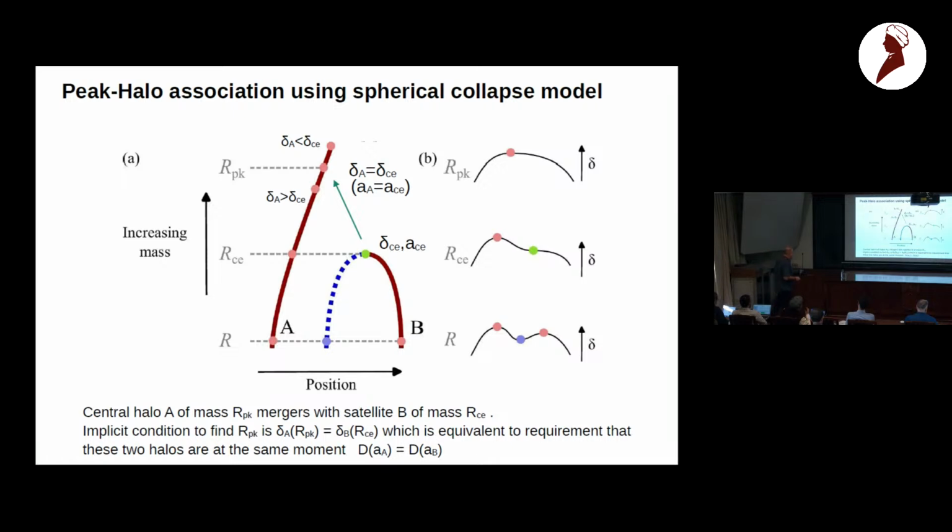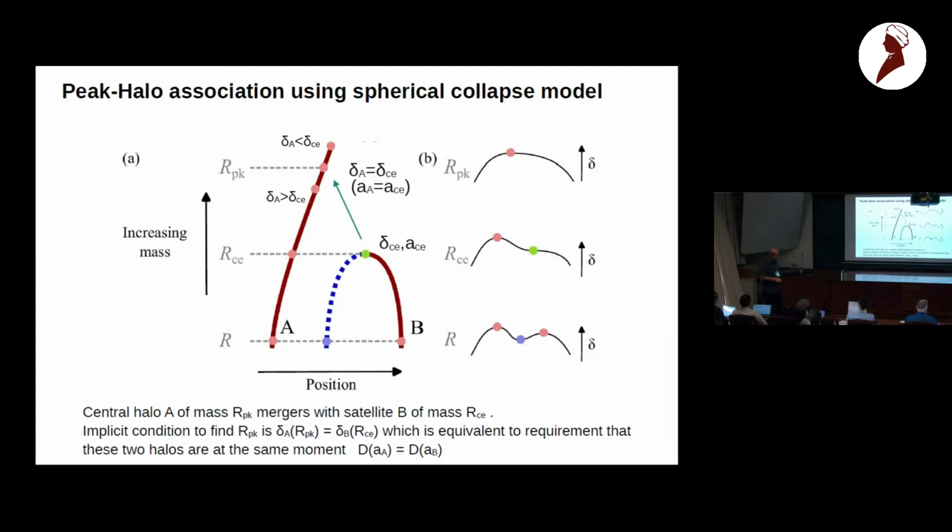If you look very carefully, you realize that it is not that this peak merges with this peak physically at the moment when their smoothing scales are the same, because that would mean that you always have mergers between two equal masses. That is not what is happening.